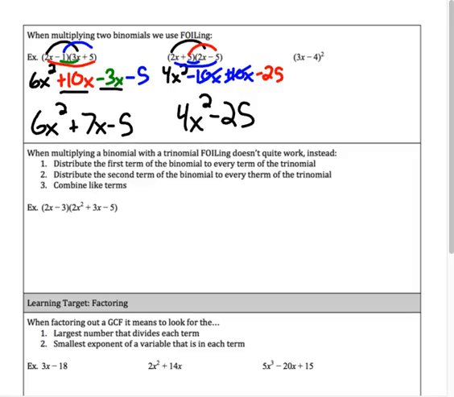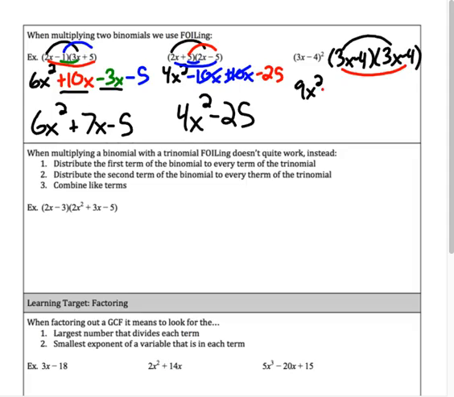And then that last one. Whenever we had something squared, remember the trick I asked you to do is to expand it out. So 3x minus 4 squared really means 3x minus 4 times itself. And once we recognized that, then we recognized, hey, this is a foiling problem.